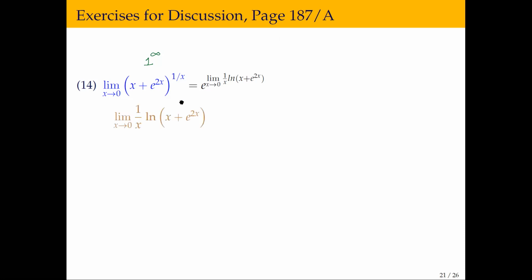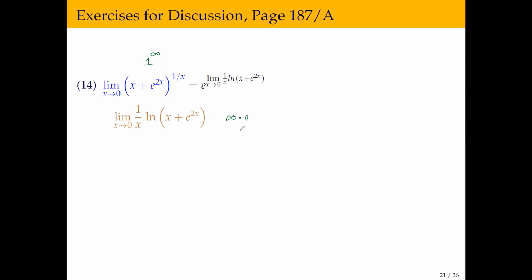So what is the limit of this one as x goes to 0? As x goes to 0, we know that 1 over x goes to infinity. We are not sure if it is positive infinity or negative infinity. For ln of x plus e raised to 2x, this is just ln of 1, and we know that to be 0. So this is infinity times 0.